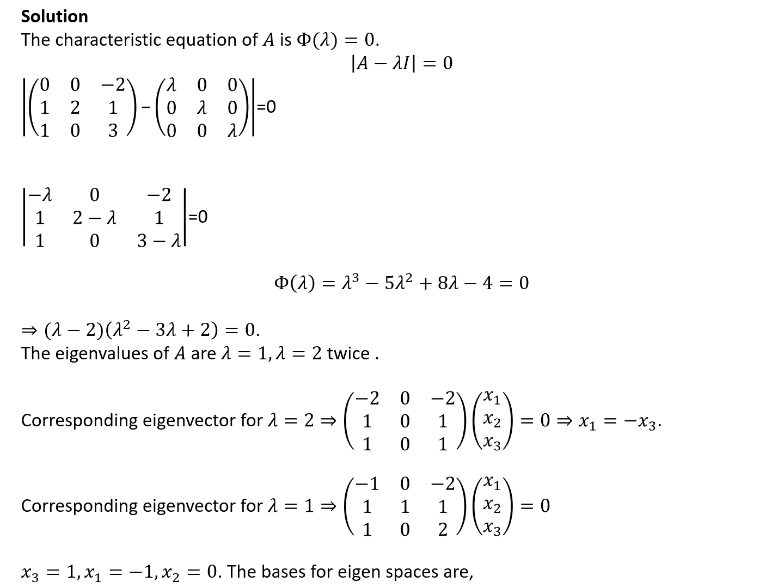When you subtract, you have the determinant of minus lambda, 0, minus 2, then 1, 2 minus lambda, 1, 1, 0, 3 minus lambda, which is equal to 0. You know the idea of finding the determinant of a matrix: you pick the first column, cancel the row and column, and multiply the remaining entries. When you apply that technique, you will have your equation.